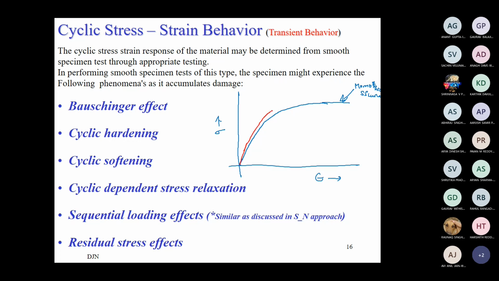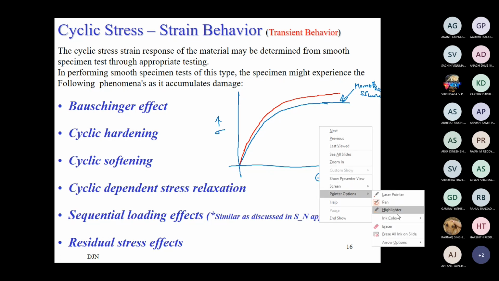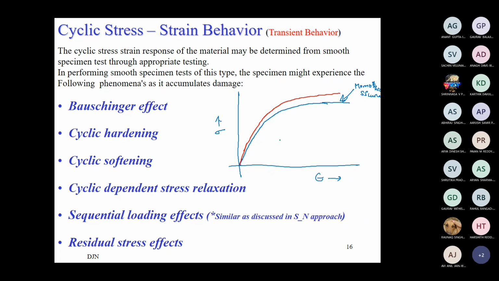It is following this particular path. So this curve is actually plotted by connecting the tips of hysteresis loops. So we do require hysteresis loops to draw this particular curve. So maybe we had one hysteresis loop like this, one more hysteresis loop. So first we have to obtain the hysteresis loops.